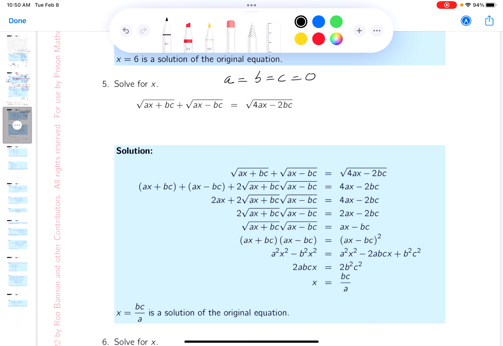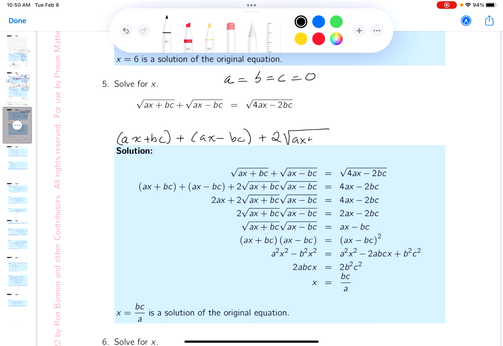And what I'm going to do is square both sides. And I'm getting a little better. So it's going to be ax plus bc, and then plus ax minus bc, and then plus 2 times the root of ax plus bc and ax minus bc.